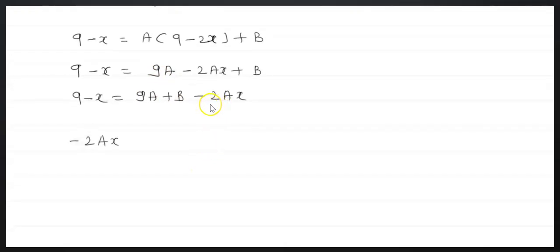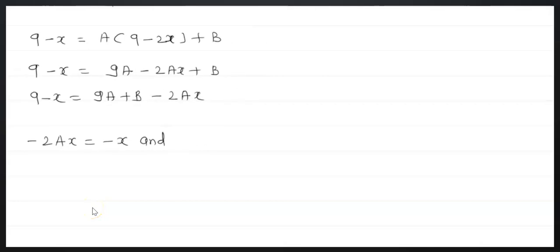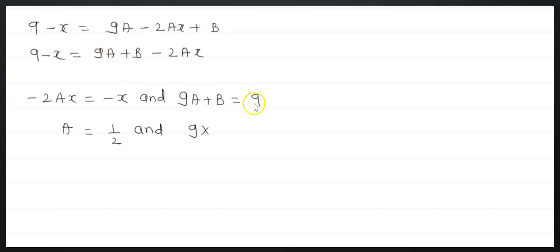Now equate the coefficients. That is minus 2a x is equals to minus x. Therefore, 2a is equals to 1, a is equals to 1 upon 2. 9a plus b is equals to 9.